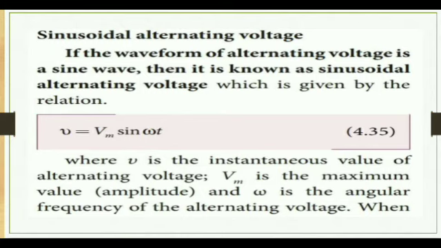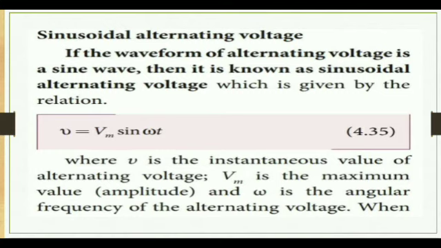Where V is the instantaneous value of alternating voltage, Vm is the maximum value, that is the maximum amplitude, and omega is the angular frequency of the alternating voltage. So this is the formula, alternating voltage formula Vm sin omega t, right?